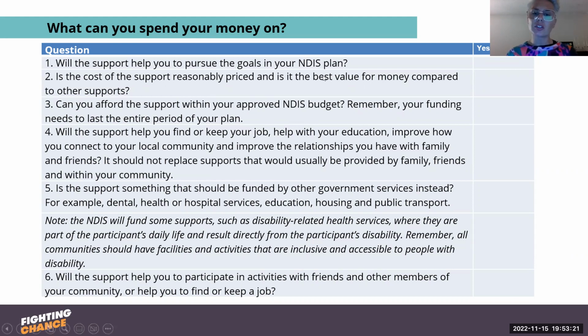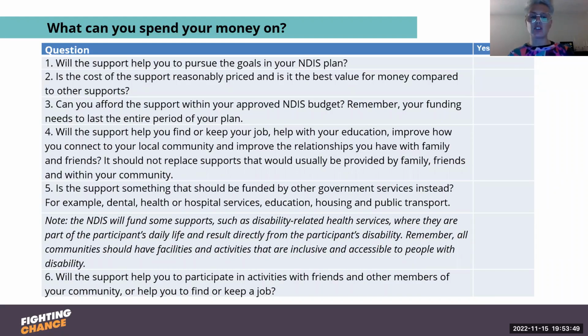Will it help you to build your independence? The NDIA are really focused on job and education and community participation. That might not be relevant to you, but is it going to support you to build your independence, at least accessing the community?